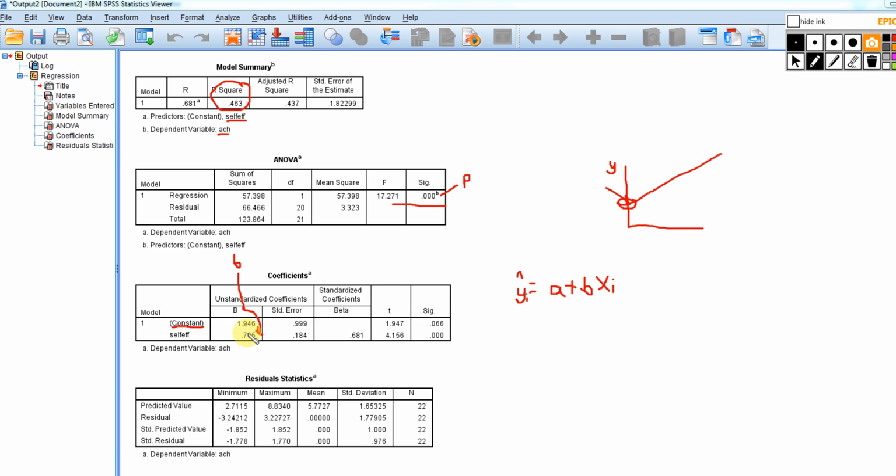And so each person's predicted score on y is equal to 1.946 plus 0.765 times their score on self-efficacy. So I'll just say it's self-efficacy right here. So that's the basic prediction equation.